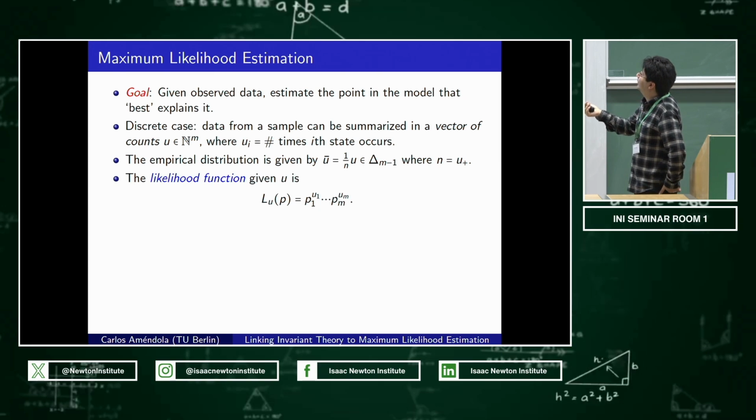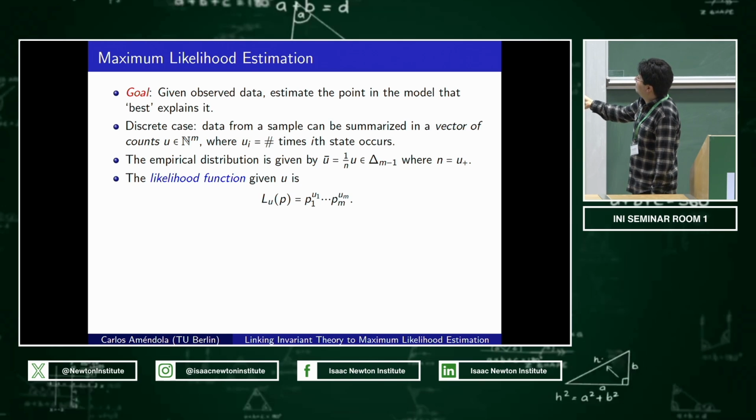So what do we do? Well, the likelihood function is defined like this, and you should think about it in this way. If we knew p, then this would be the probability of observing these particular counts u1 to um, up to a multiple.